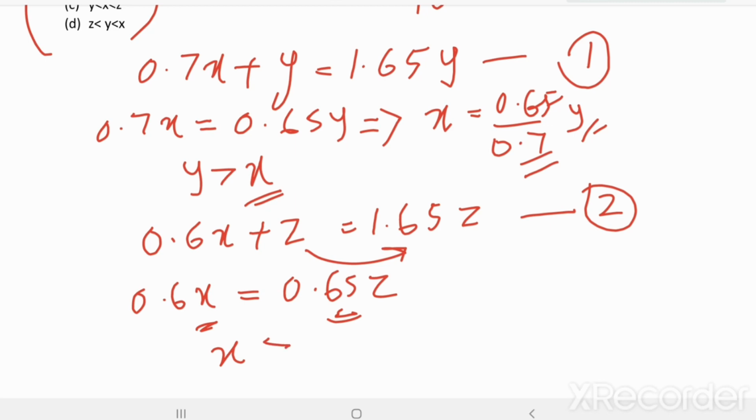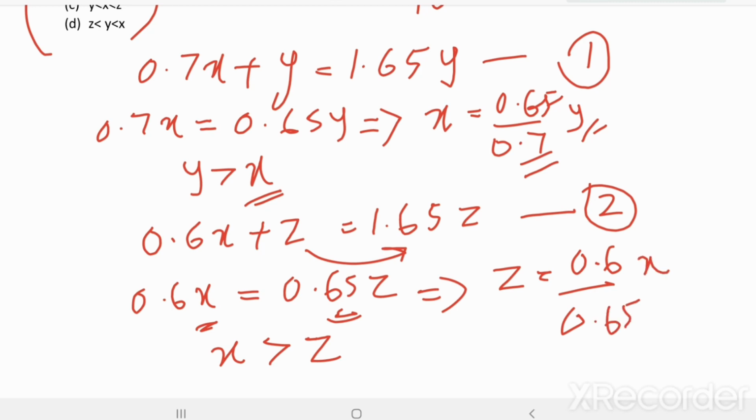That means x is greater than z, or z equal to 0.6 divided by 0.65 x. So z is only a fraction of x.